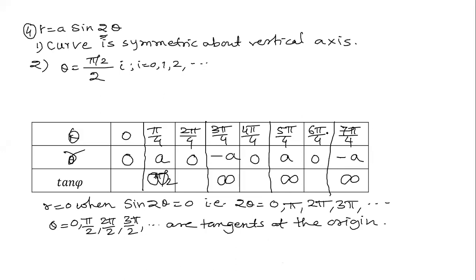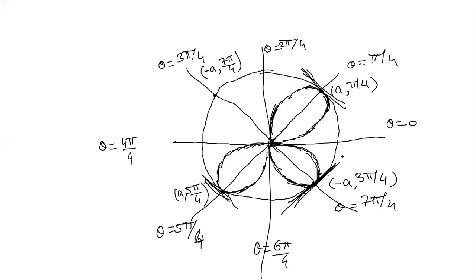After that, finally theta equal to 7 pi by 4, r equal to minus a, in opposite direction. Again phi is equal to 90 degrees, so this must be the tangent, and the curve will be like this here. And further we know that theta equal to pi by 2 is a tangent at origin, so it is coming like this.